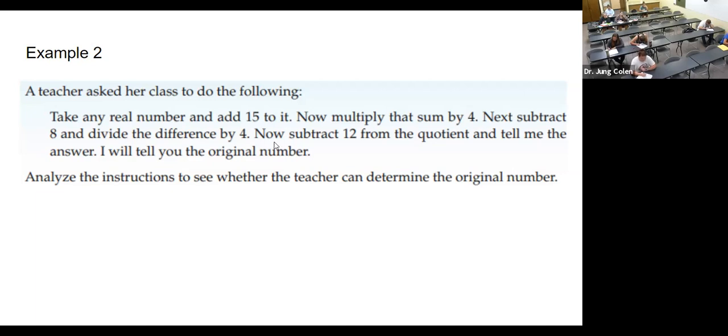Got it? Then you're going to subtract 12 from the quotient you have. You got it? Okay. And this is magic.